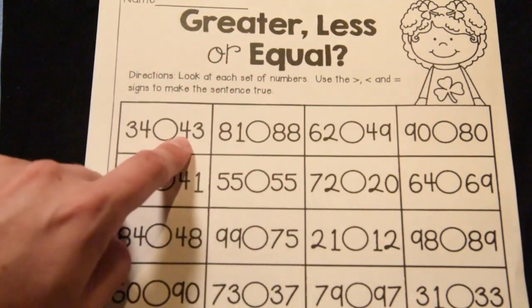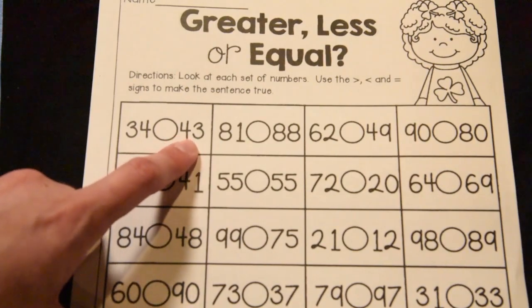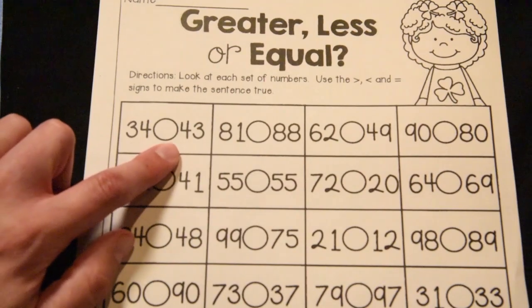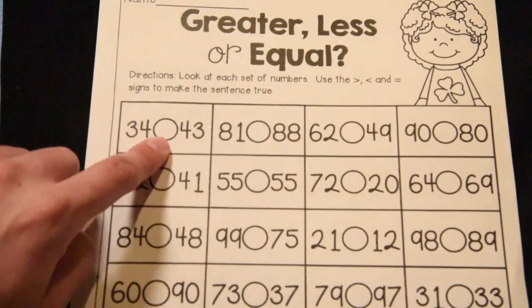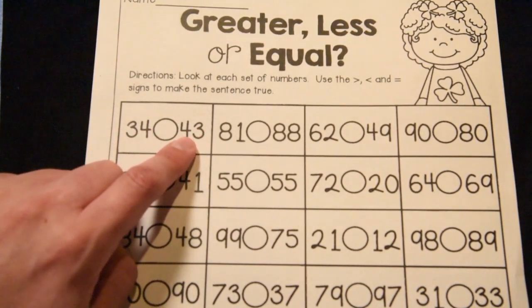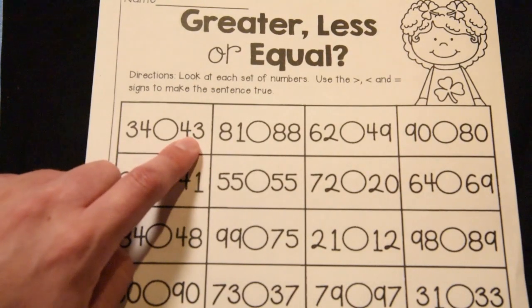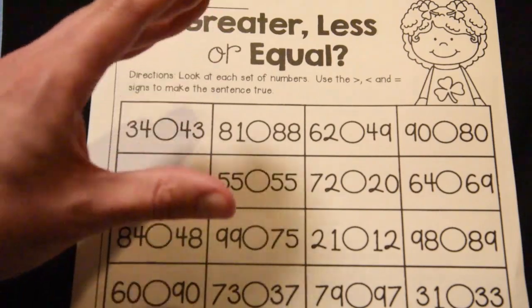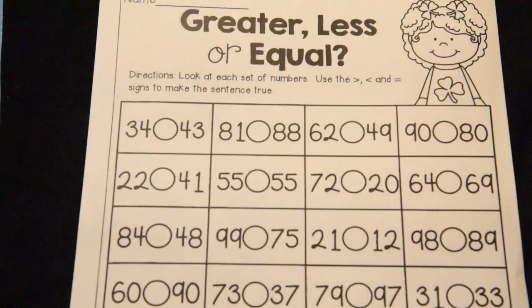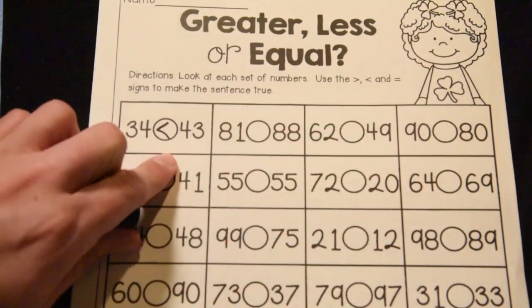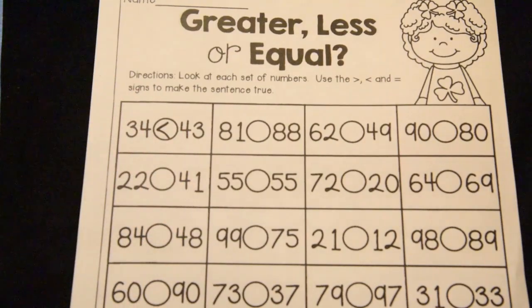Or is it equal to someone else who has 43? So what's the bigger number? 43, right? 43 is bigger than 34. So which way is the chomper going to go? The chomper wants to always eat the biggest number. So the chomper is going to eat 43.